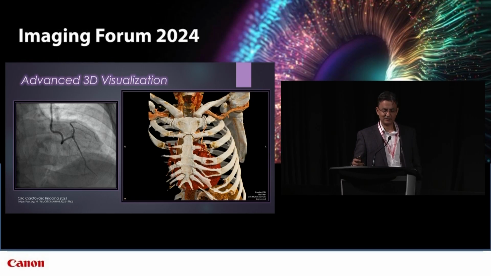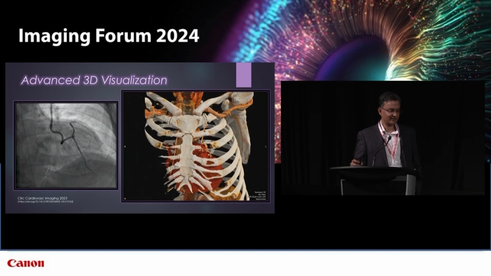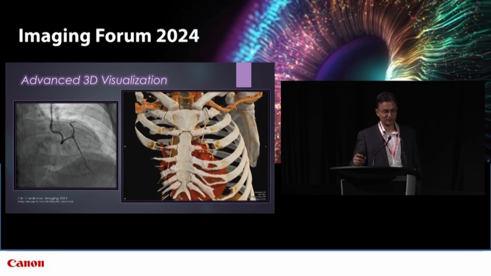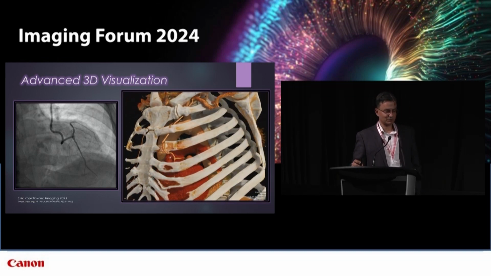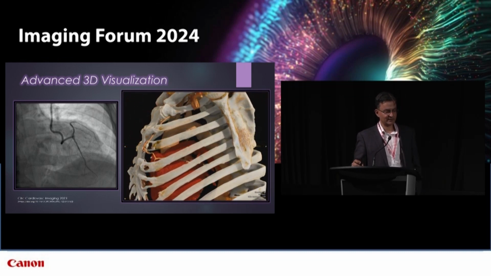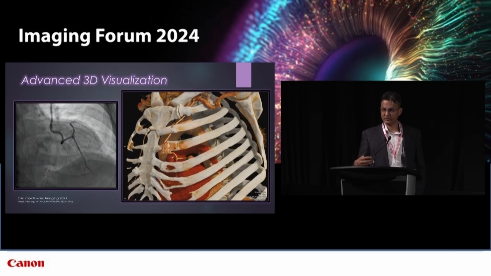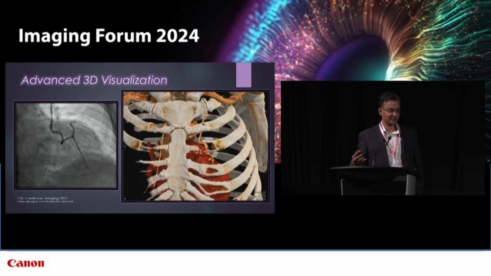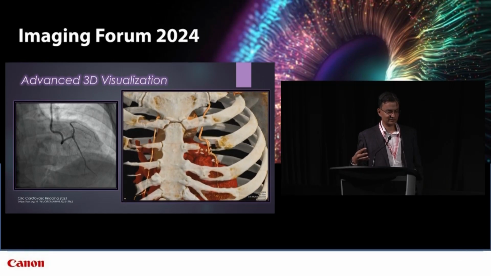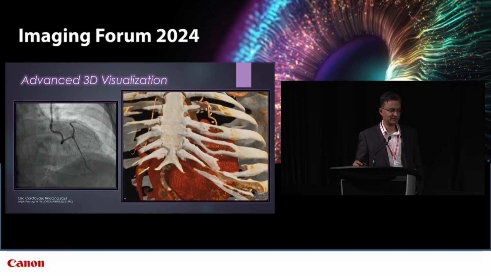So you'll notice that the image on the right is a global illumination rendered video. You'll notice that this person's left internal thoracic artery is now extrathoracic. It's actually protruded superficial to their left costochondral junction. Really amazing visualization of this unusual complication.